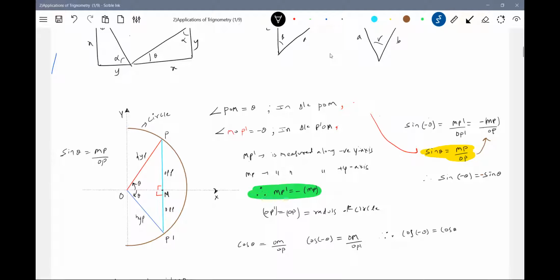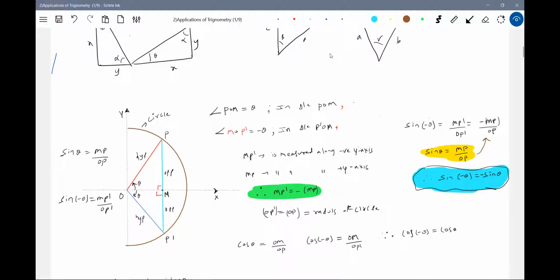Those triangles we are just equating. In place of MP by OP, what can you write? Sine theta. So I'll substitute MP by OP equals sine theta. So sine of minus theta, what do we get? Finally, we end up with minus sine theta. There is a reason for this.